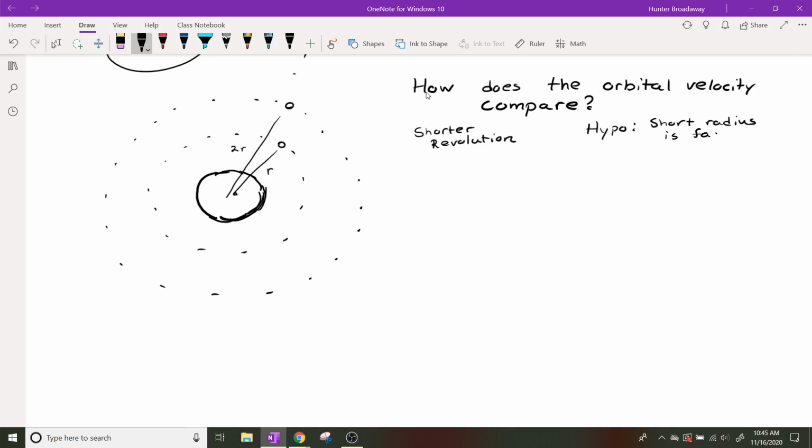What kind of information are we going to need? What do we need to be able to test this out? What kind of math? Okay, orbital period.